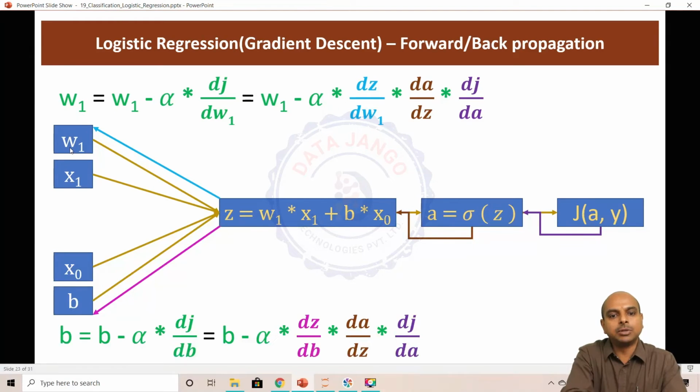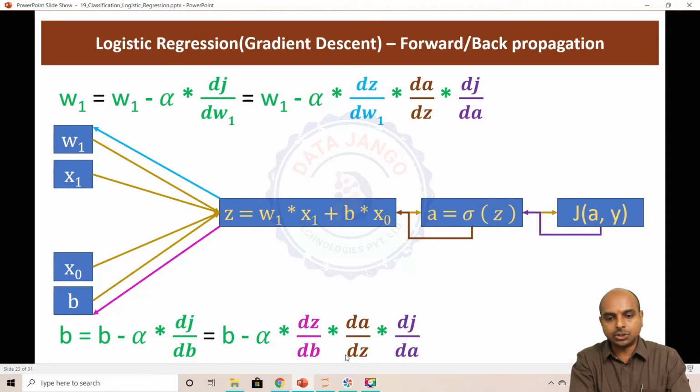It is called forward propagation. We need to adjust W to do the next forward propagation. To adjust it, we use the chain rule and find the three derivatives, multiply them and subtract from W after multiplying with alpha to control the step size, and then find the next W and next B. For B also, B is equal to B minus alpha into dJ by dB.